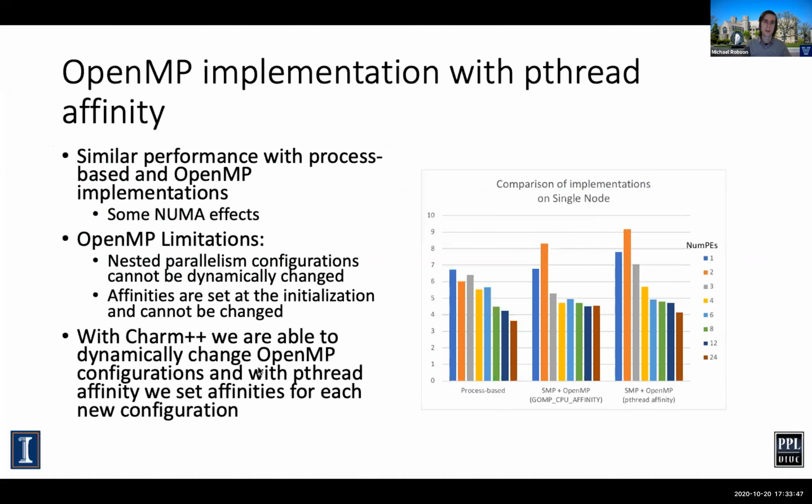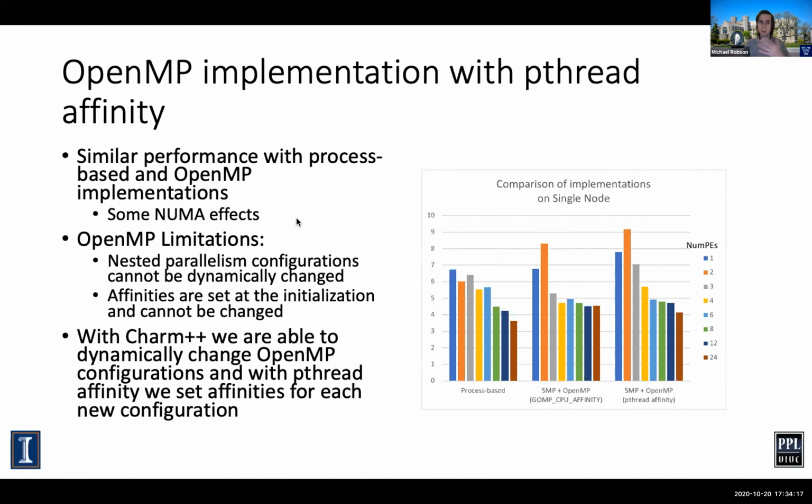So if we look at the pthread affinity performance, again, this is a process-based approach. The OpenMP one is using the standard GOMP-style affinity, and pthread affinity gets similar performance to the process-based and OpenMP affinity implementations, barring some NUMA effects.